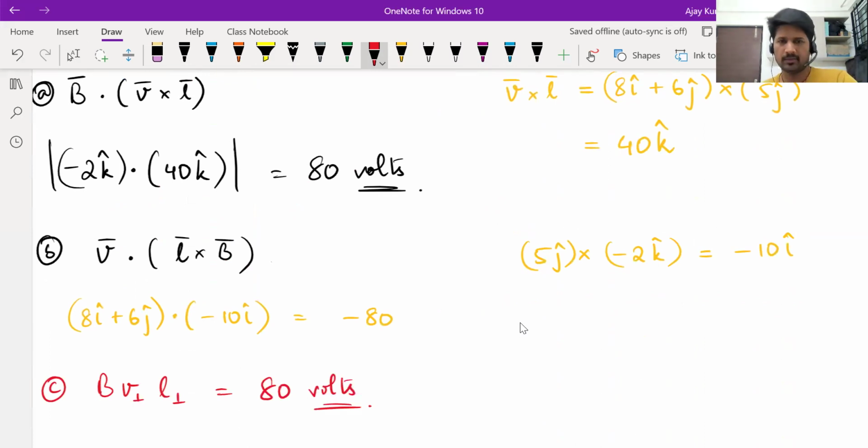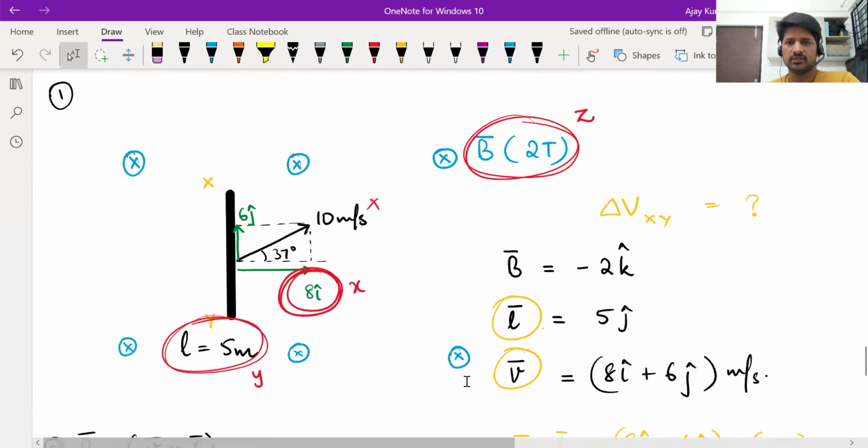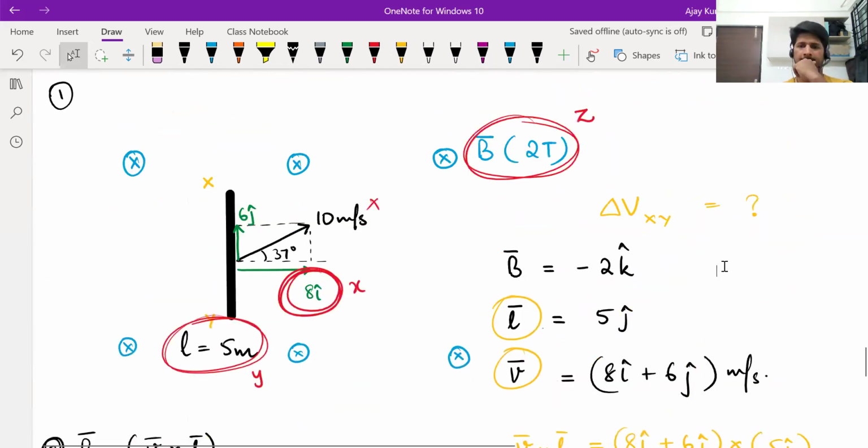So depending on the problem, whichever method is convenient, you can choose to use that. Ask me if you have any doubts in this. But don't remember the formula as BVL. In NCERT, they take that mutually perpendicular case, all three already mutually perpendicular. So BVL is applicable only in that case.